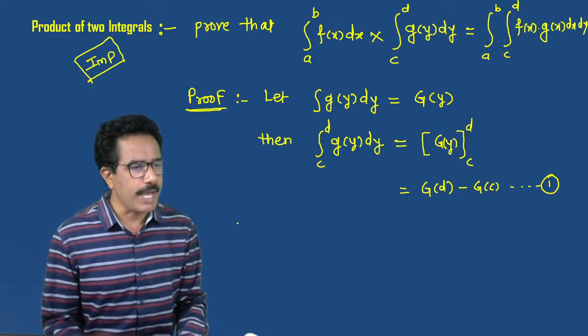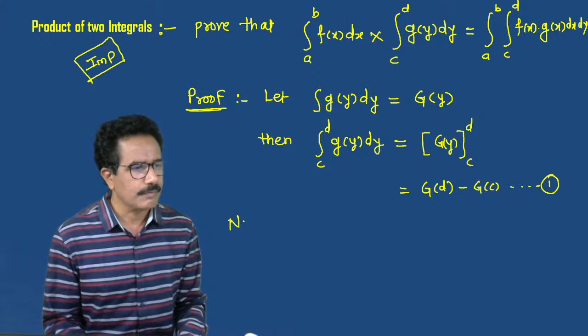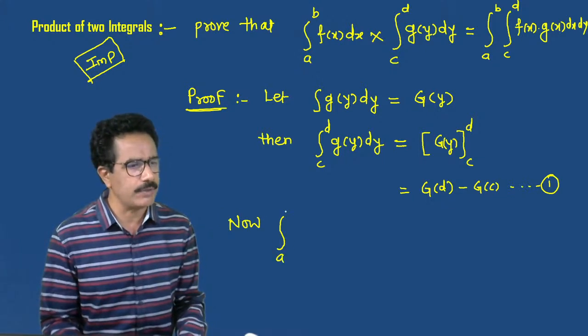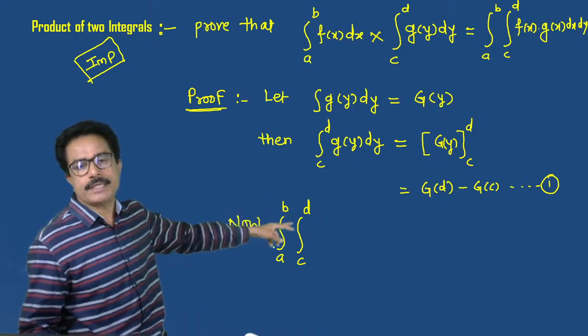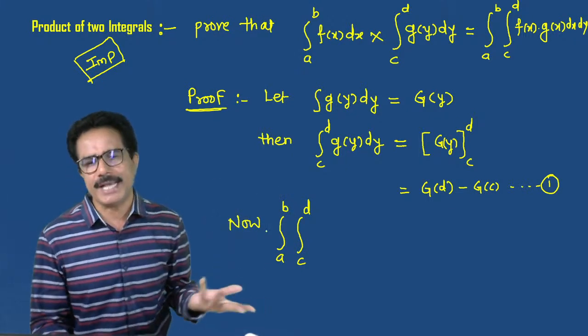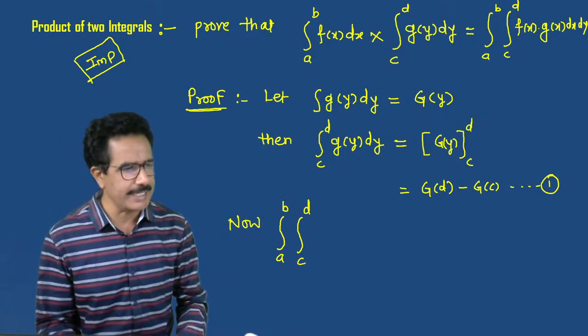This type of integral is called a double integral. Now we shall consider this double integral from a to b, c to d. That means we can take the RHS.